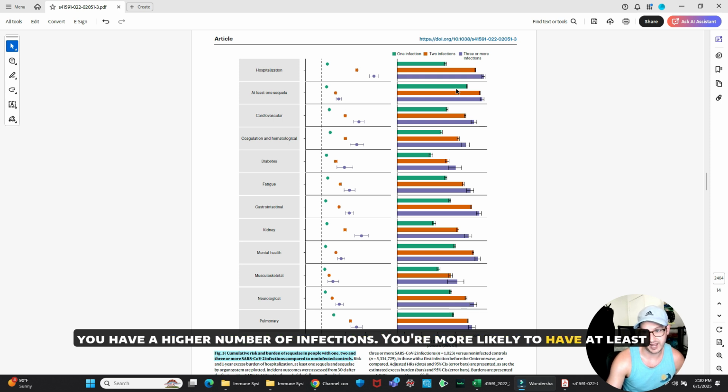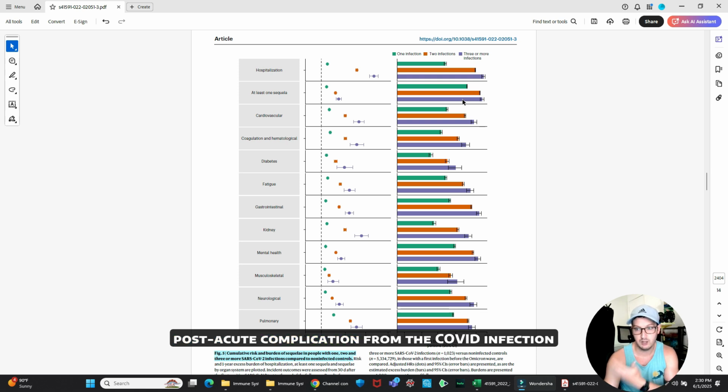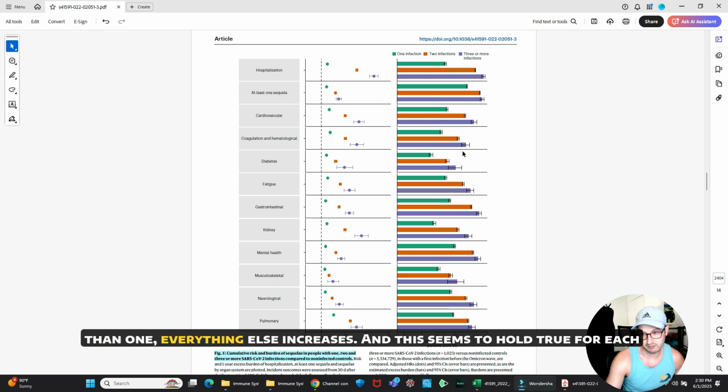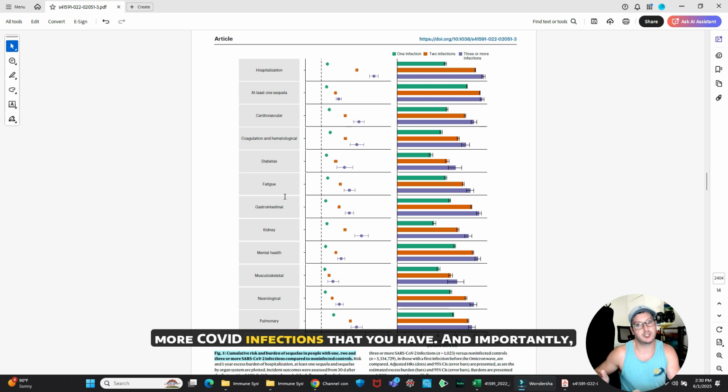You're more likely to have at least one post-acute complication from the COVID infection when you have more than one. When you have more than one, everything else increases, and this seems to hold true for each one of these categories. So you're more likely to have bad health outcomes the more COVID infections that you have.